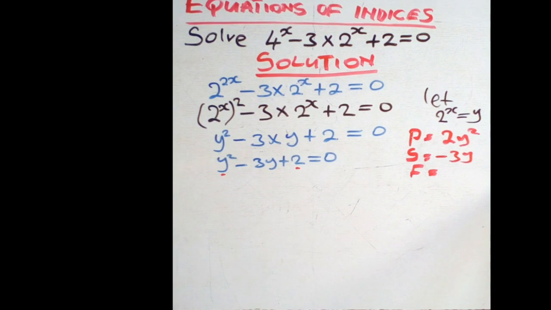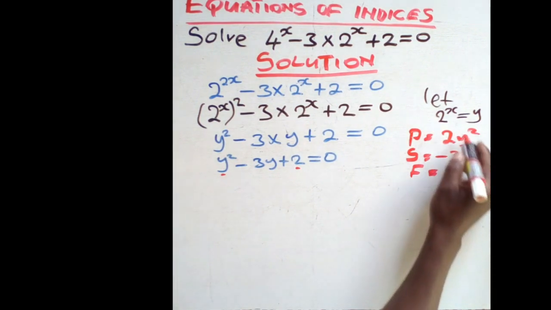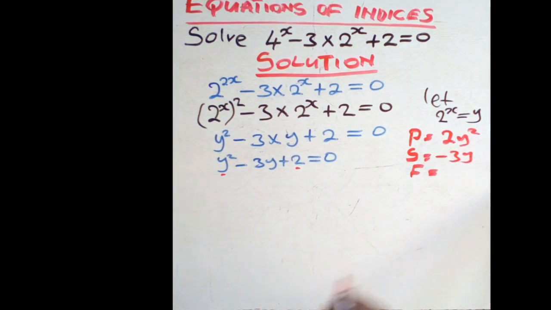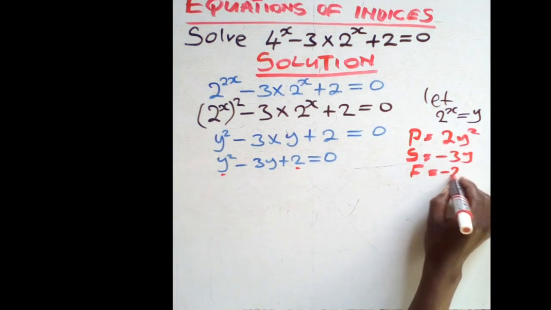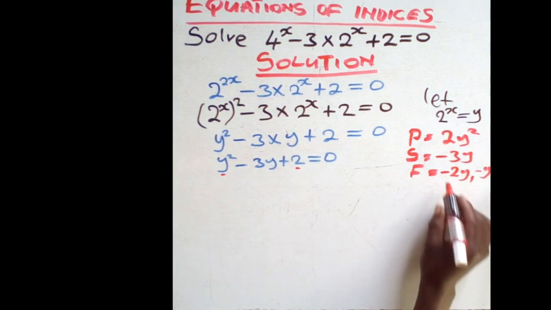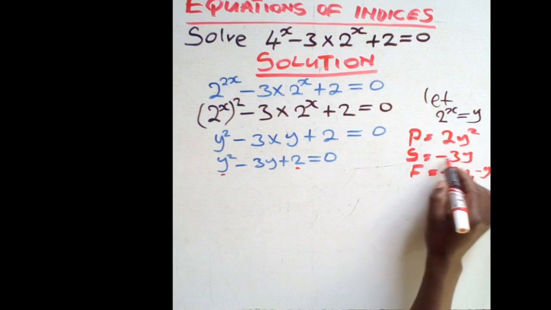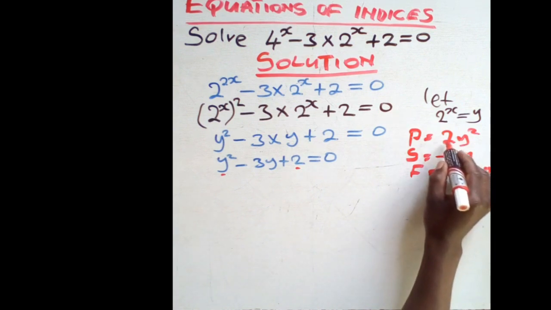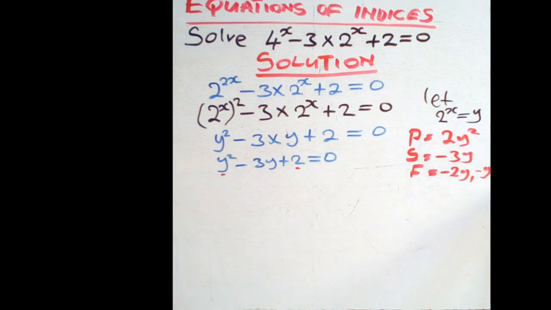What about the factors? Two terms that can be multiplied to get the product, and they can be added to get the sum. What are those two? We can try negative 2y and negative y. When you say negative 2y minus y, it will give you a negative 3y. Negative 2y times negative y, it will give you a positive 2y to the power 2.